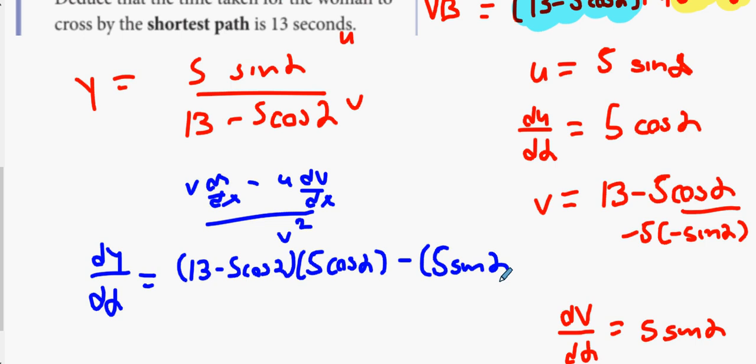Now what's the next part? 5 sin alpha, the dv dx, which is 5.